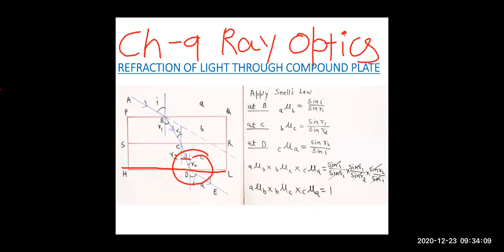And then it is coming from a denser medium to a rarer medium. So it will bend away from the normal, and the angle over here, why we have written I? Let's see. See children, this is perpendicular. This is your normal, right?